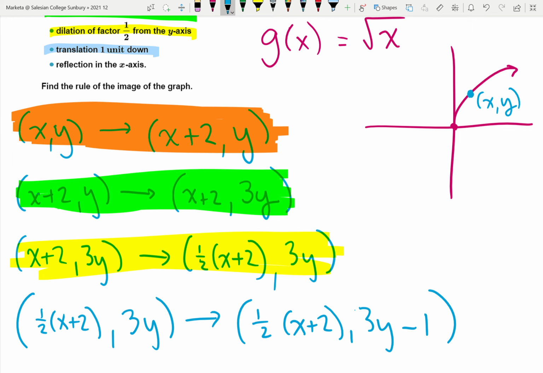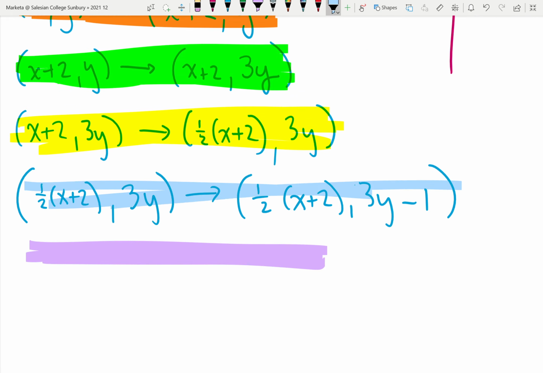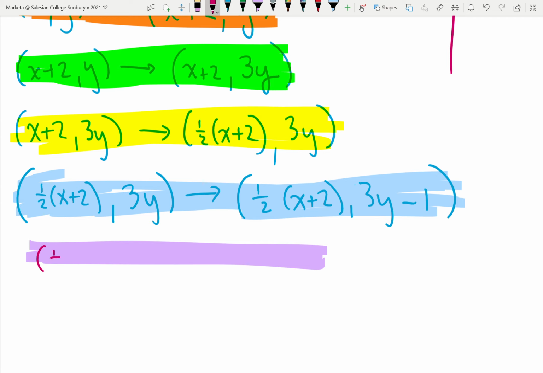And now the last thing that they have there is a reflection in the x-axis, and remembering that a reflection affects the opposite as well. So our point that we've got here of half (x plus 2), comma 3y minus 1.